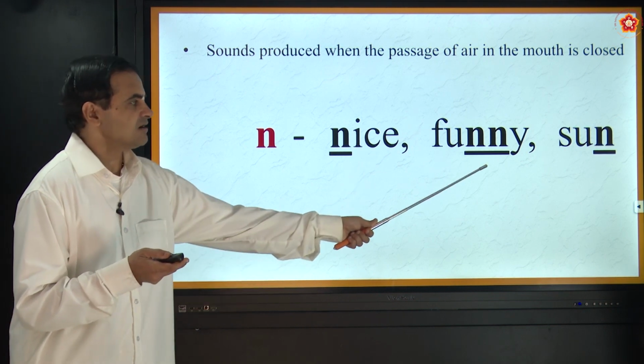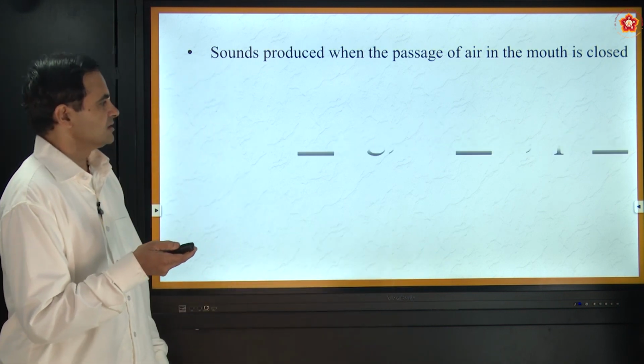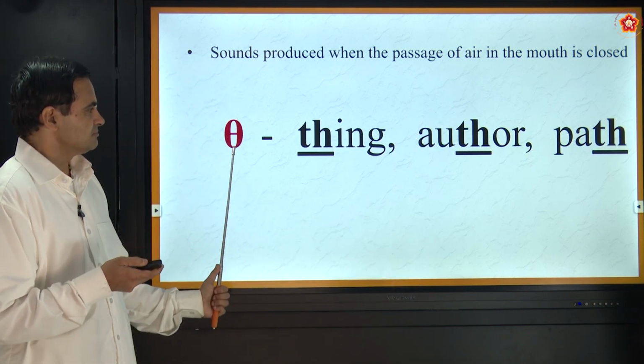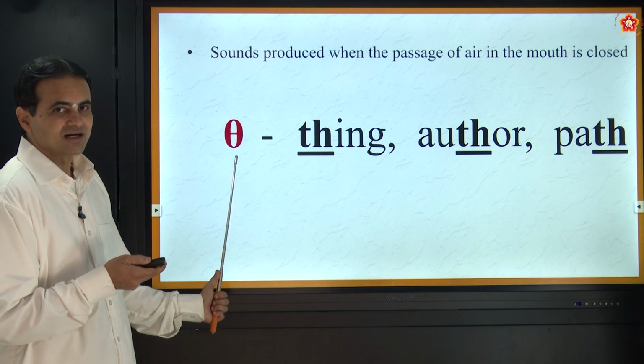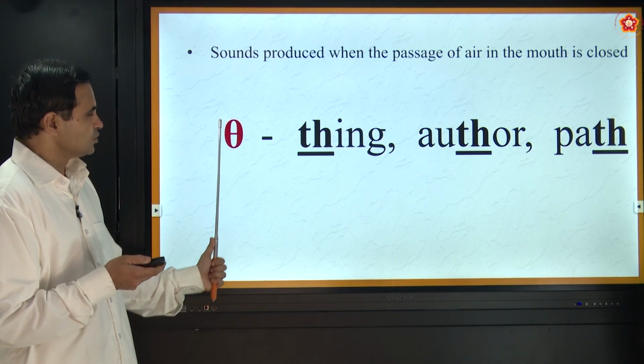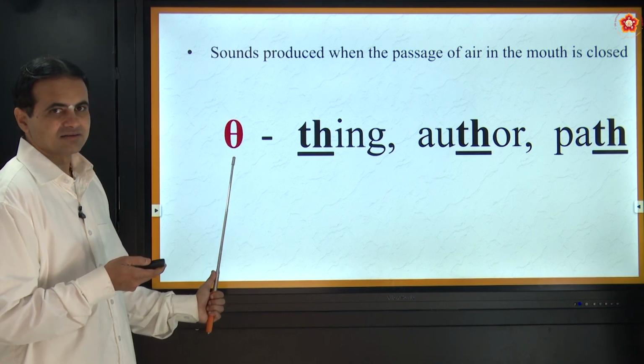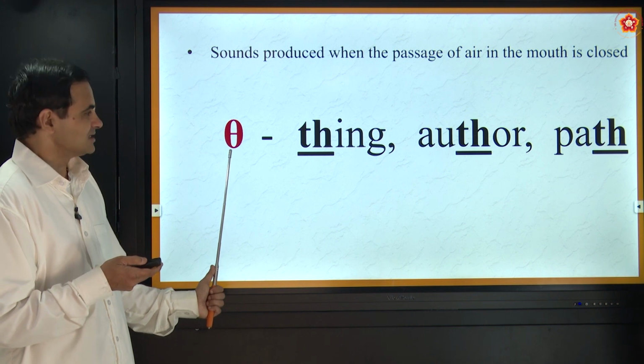Nice, funny, sun. Next one, this mathematical symbol theta. Mathematics students know this symbol with an oval shape and a dash in between, this is called theta. We have sine theta, cos theta in mathematics.